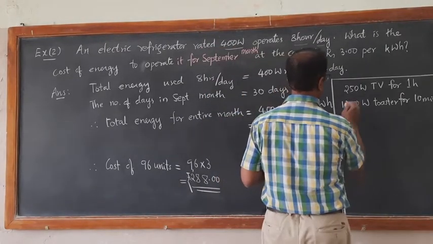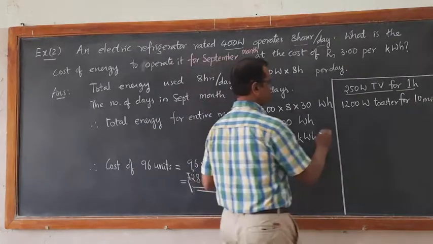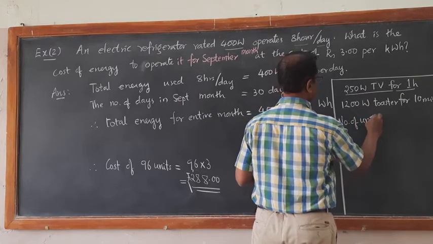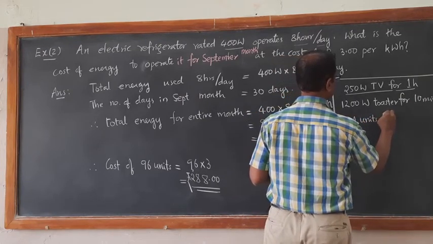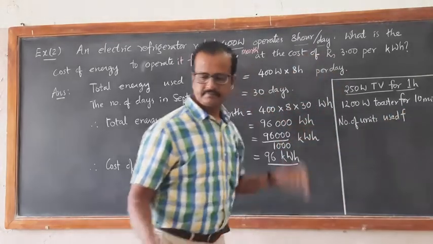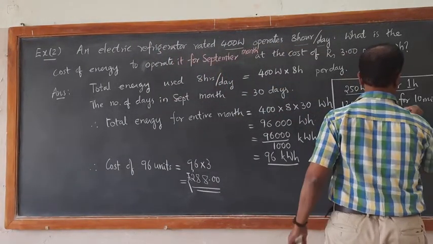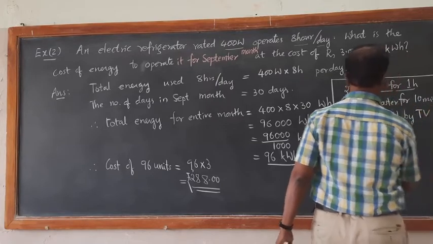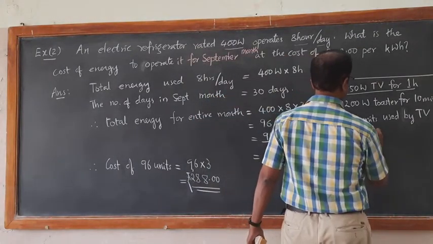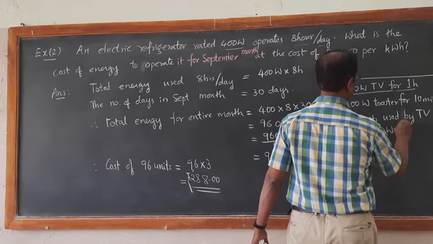Then for the 250 watt TV when used for 1 hour, the number of units used by the TV, units being the commercial unit of electrical energy, is equal to 250 watts into 1 hour.